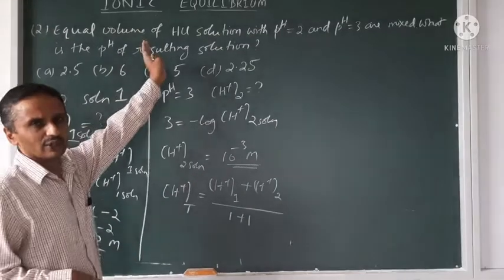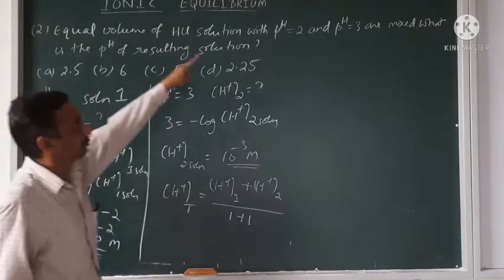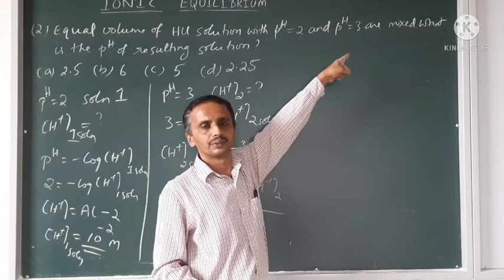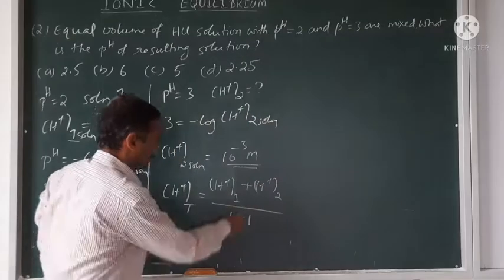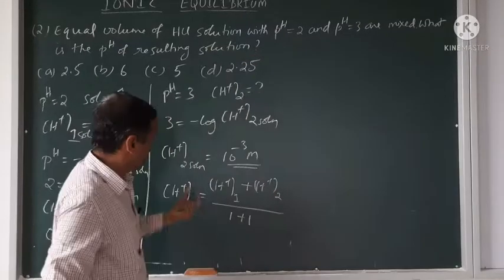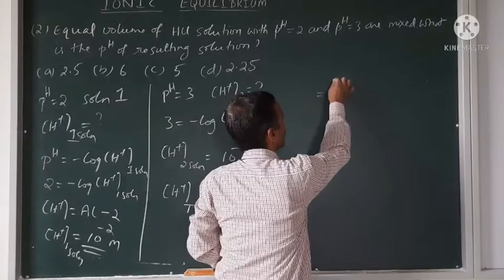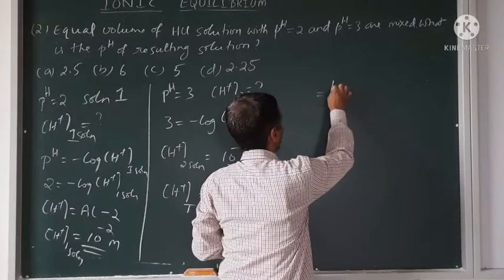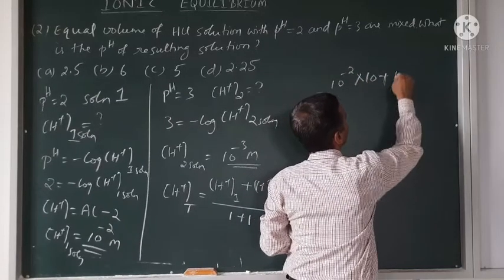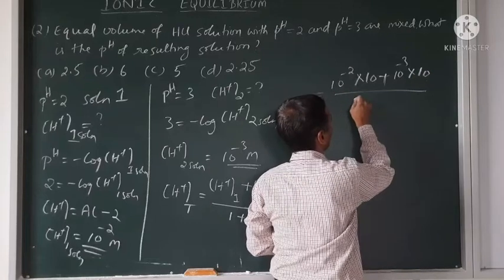He did not give what the volume is, equal volume is said. If I take this one as 1 volume, I take this one volume, 10 means 10 only. So it is 1 into 1, 1 plus 1. Or I can take this as, say, pH 2, I will take 10. So what happens here? 10 to the power -2 into 10 plus 10 to the power -3 into 10 divided by 10 plus 10, 20.